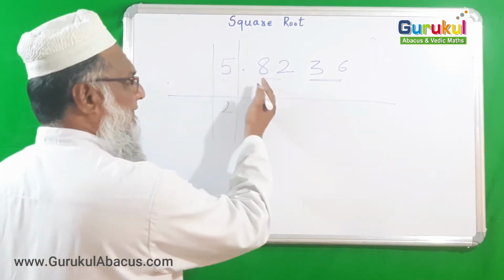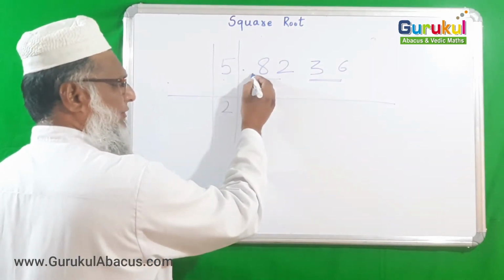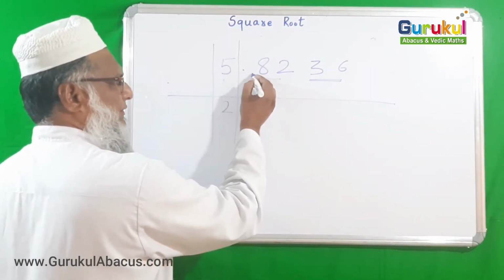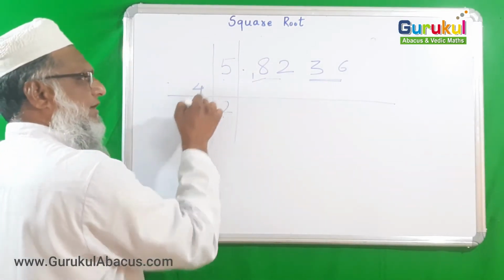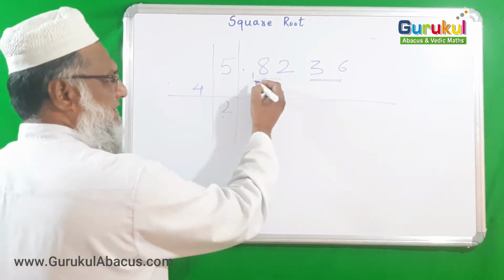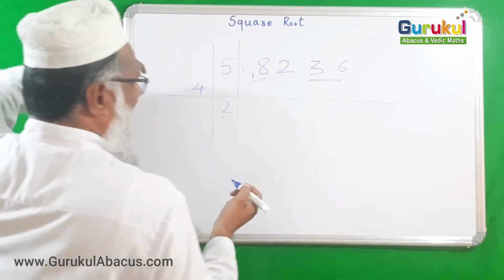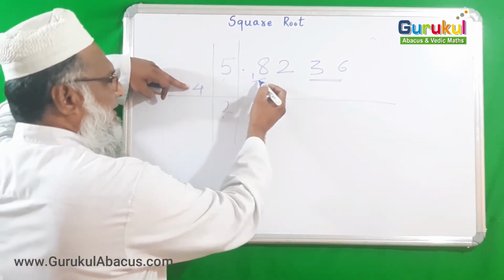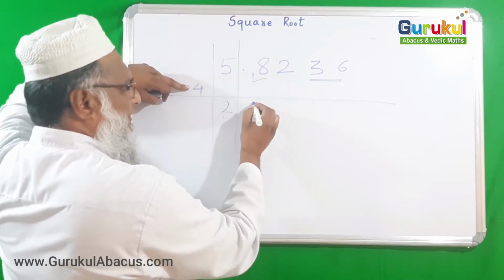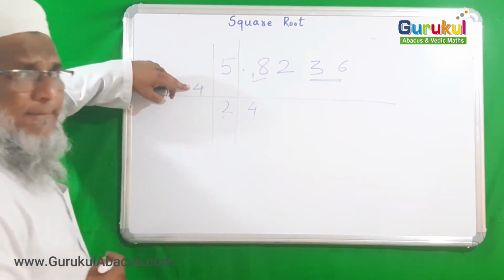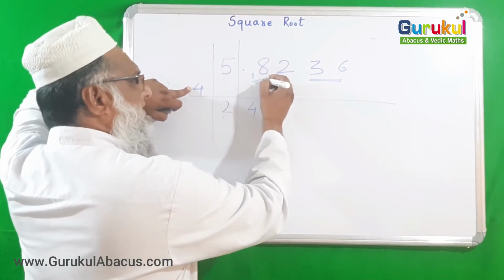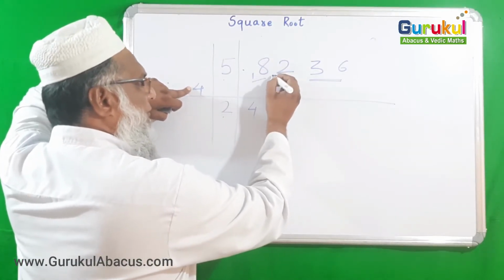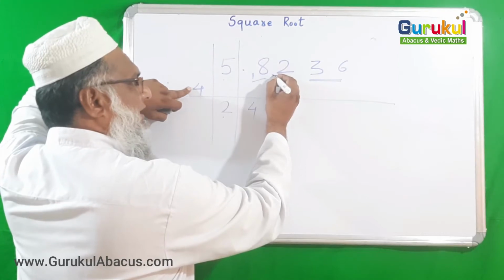2 squared is 4. 5 minus 4, 1 is there, that I am writing here, and double of 2 is 4, that I am taking here. Now here we have 18. If it is 18, then 4 4s are 16, and subtracting 16 from 18, remaining 2, that we are taking here.